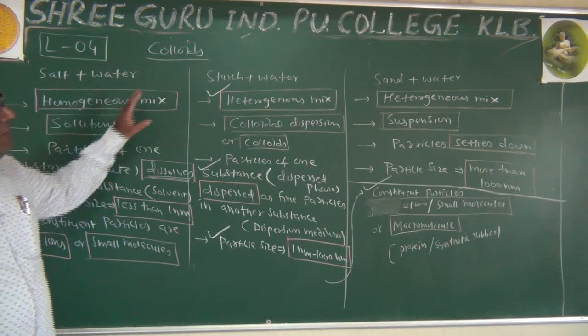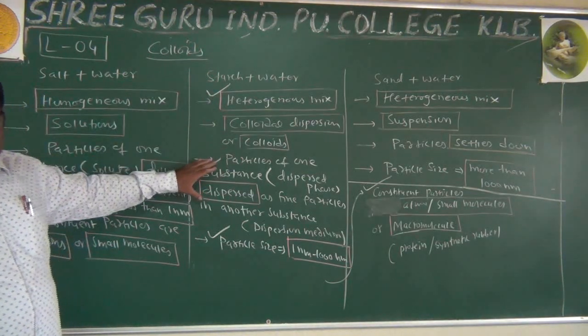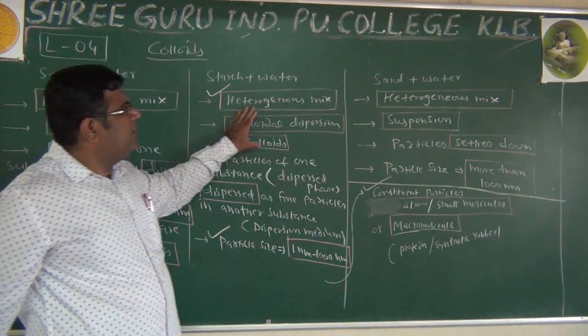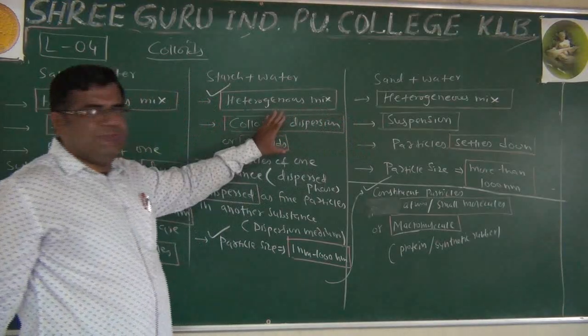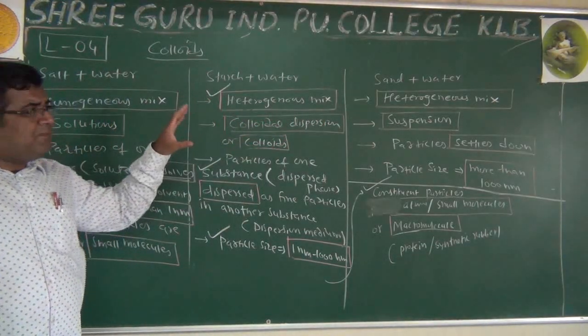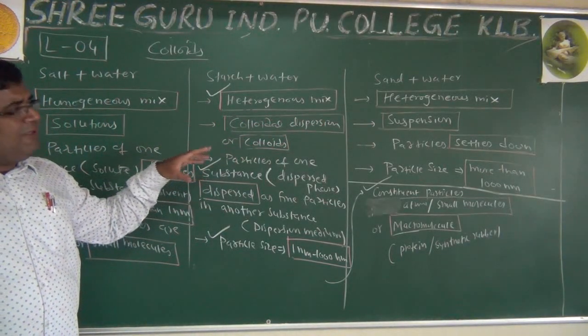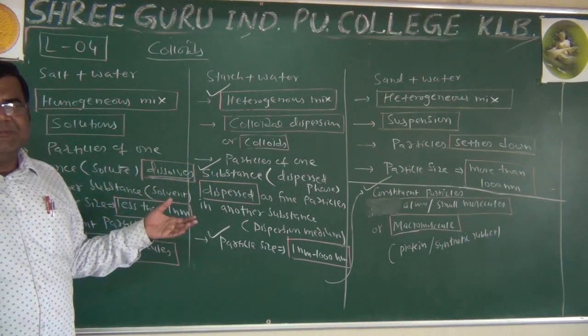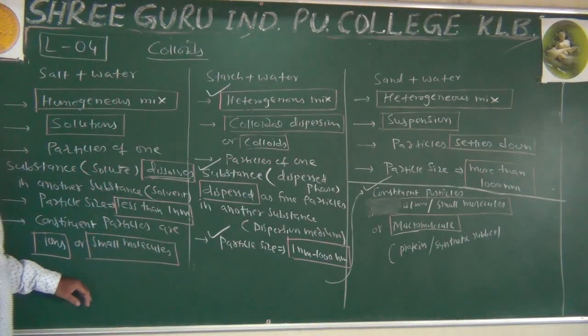So we are dealing with this intermediate part where particle size is more than solution but less than suspension. Due to its particle size, it has a completely new set of properties which we are going to deal with in this particular class. So this is all about the introduction part, colloids.